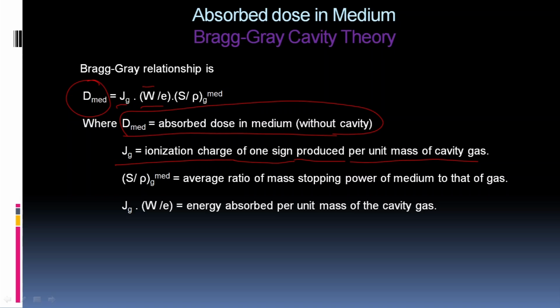So we use the mass stopping power as the interaction quantity, taking the average ratio of the mass stopping power of the medium where we want to measure to that of the gas. Jg multiplied by W by E is the energy absorbed per unit mass of the cavity gas.